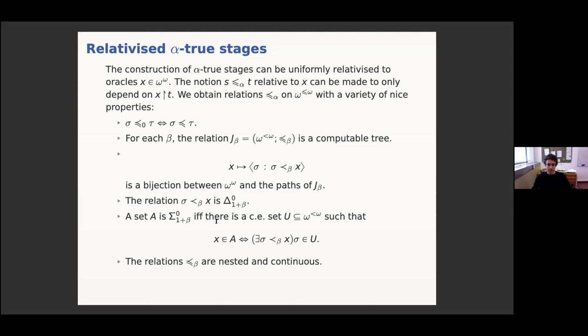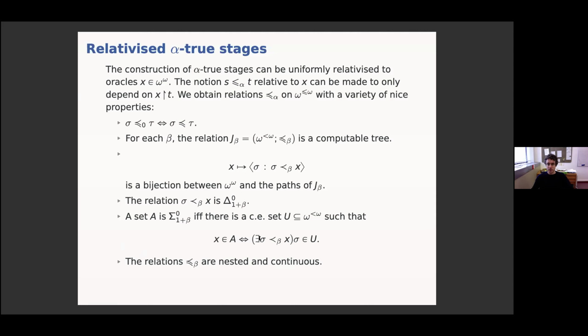And going back to Kuratowski and our characterization of delta sets as the jump, this is yet another way of formalizing the idea that a set is delta beta if and only if its jump lies in some effectively clopen set. On the sigma side, what does it mean to be sigma beta? That means that your jump is in some effectively open set, which in this formalization just means that effectively open is determined by a finite set of strings.